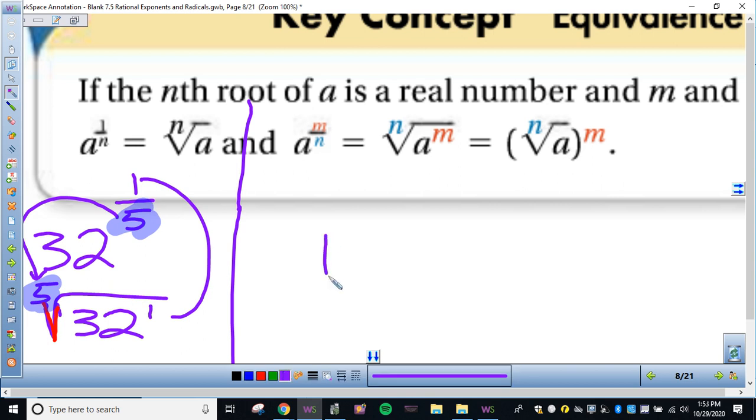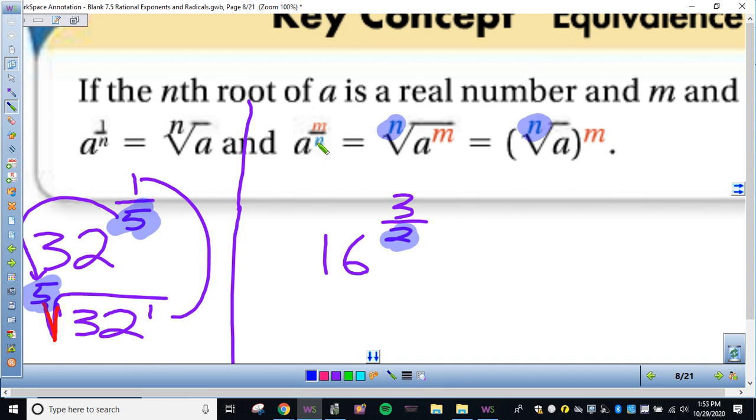We'll say we have 16 to the 3 halves power. So that'll work out to a whole number. Okay? So the 2 goes in the elbow of the radical, just like this n did, right? So the n from the denominator goes in the corner of the radical, and they're showing you here this m can either go underneath the radical or outside of the parentheses, so outside of the whole thing.